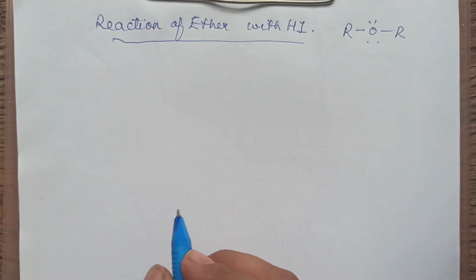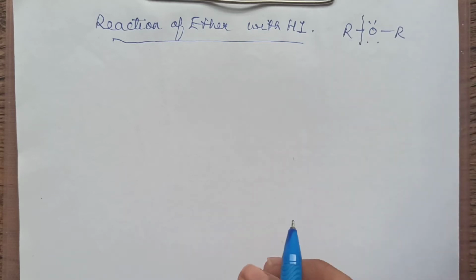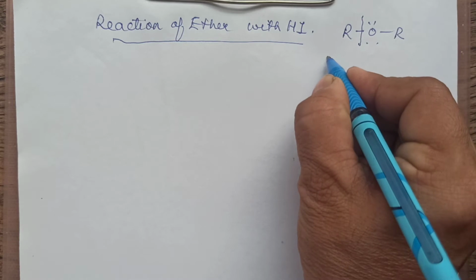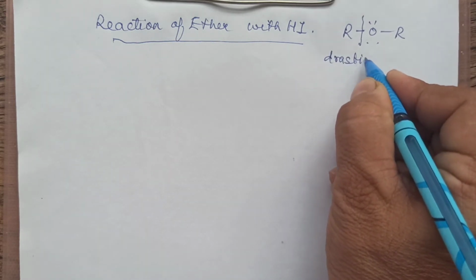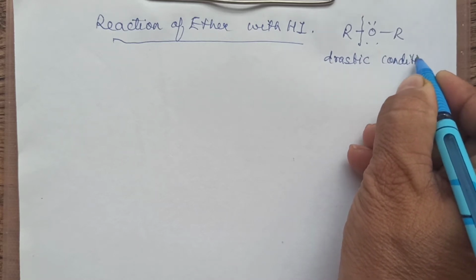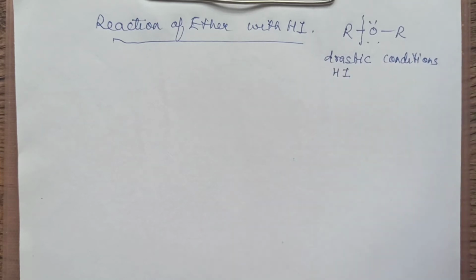So if they have to react, this bond should break, meaning the C-O bond should break. This C-O bond will break only under drastic conditions. If it is to react with HI, it will not take place at normal conditions. It will occur only under drastic conditions, and that too with an excess of HI.